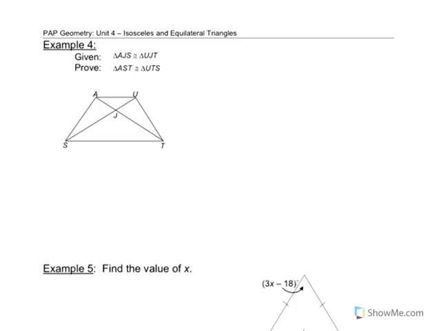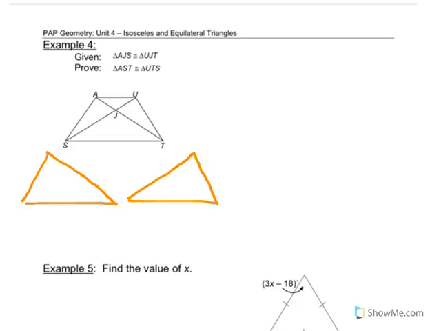So first of all, I'm going to pull out those two triangles that we're trying to prove. And so we have ATS, and then we have UTS, AST and UTS. Okay, and so let's think about things that we know for sure.